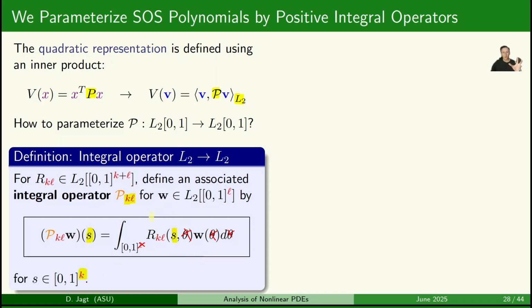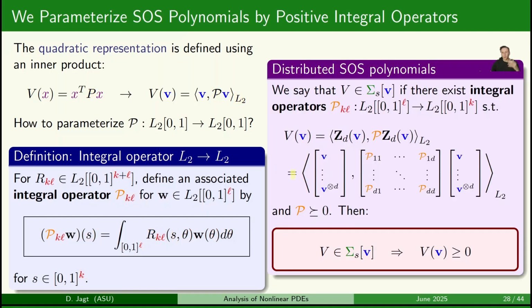So this operator will map a function in L variables to a function in K variables. And this will be the integral operator associated to this kernel R, where R is now a function of K plus L spatial variables.